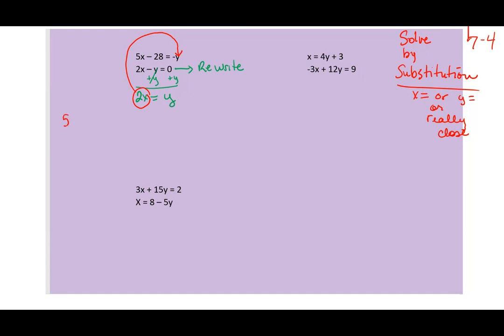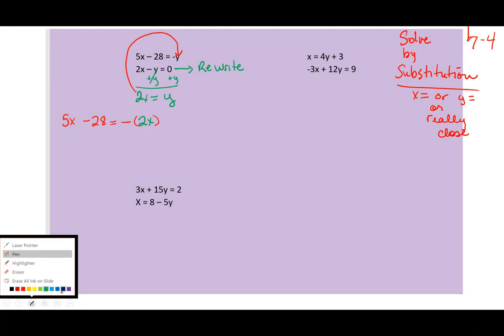That's going to give me 5x minus 28 equals negative 2x. Now I'm going to solve this equation using my regular solve tools.